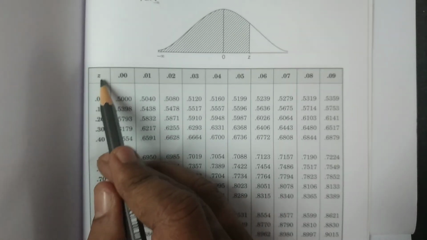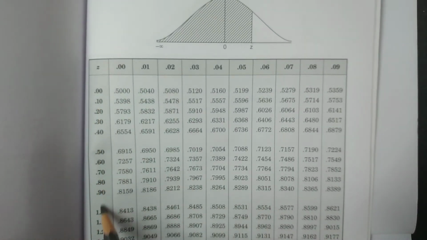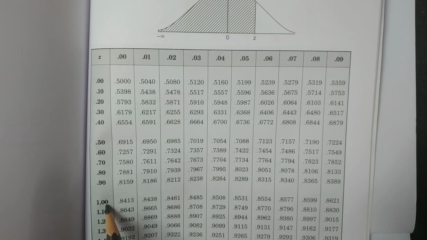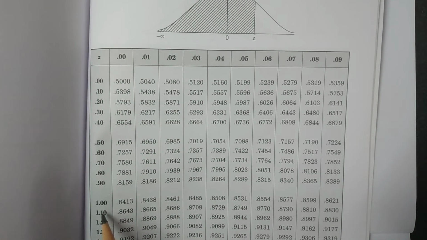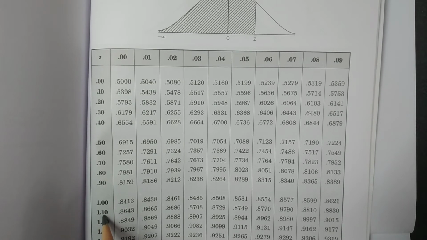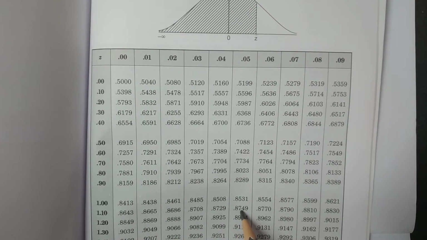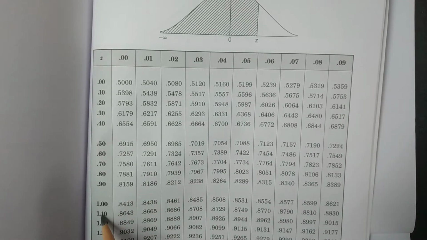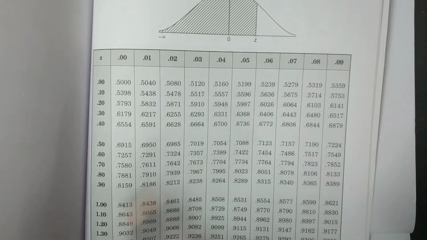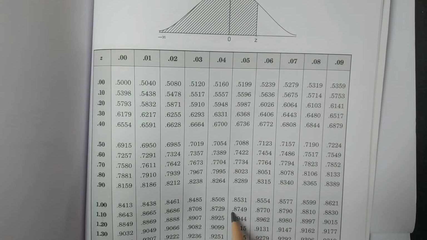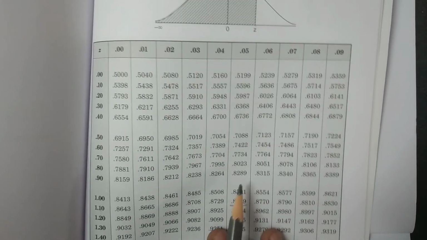These are the different values of Z. For example, 1.15: you see 1.1 and 0.05, which is nothing but 1.15. Like this, the value is calculated.